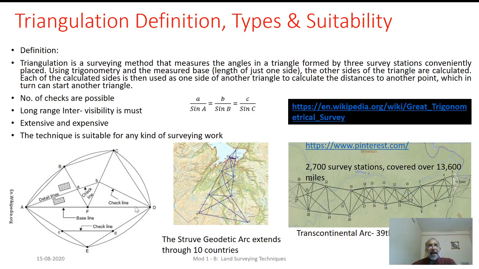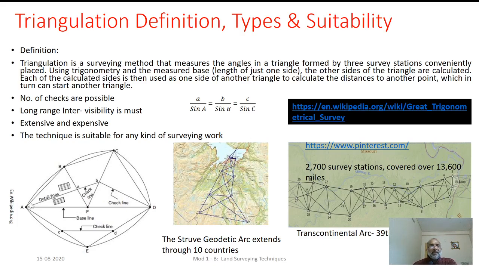It serves as the baseline on which the triangles are constructed. The way we discussed the check line, tie line and choosing subsidiary stations, the same concepts are valid for this work also.